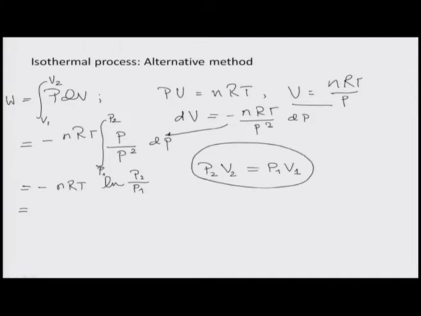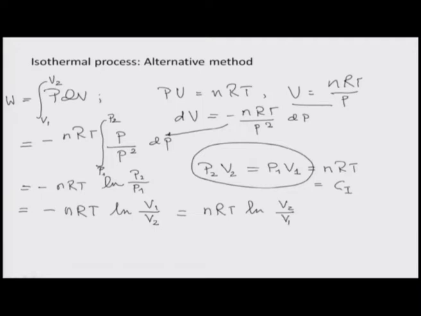Now use this result: P2 by P1 is actually V1 by V2, so nRT log V1 by V2. This nRT is always equal to the constant I mentioned. So you just take care of this minus sign, and you get nRT log V2 by V1.